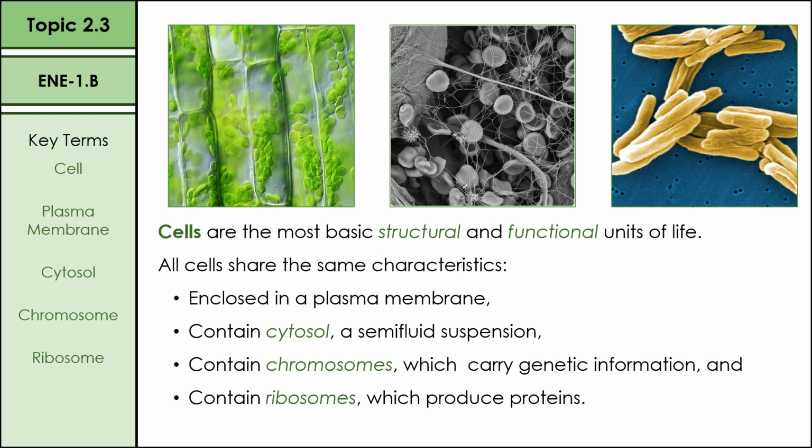They also contain chromosomes. So chromosomes being made up of DNA and associated proteins. So this allows us to store and transmit genetic information from one cell generation to the next. And associated with the DNA, they also contain ribosomes.